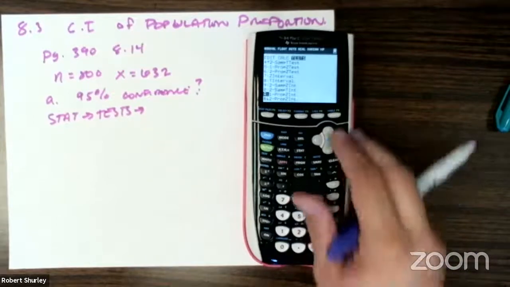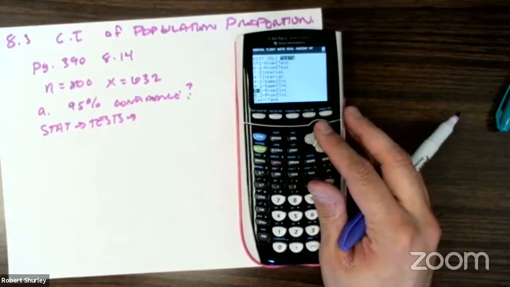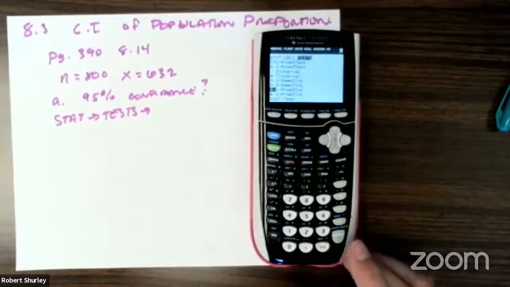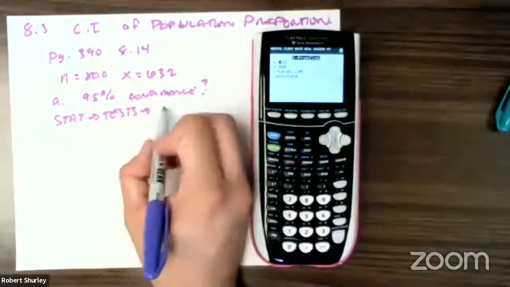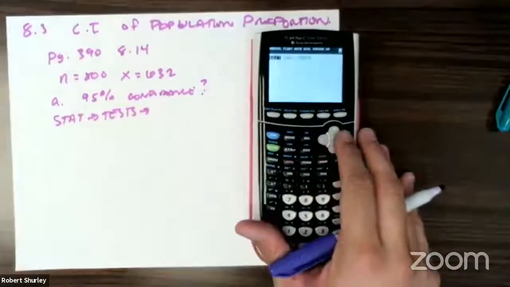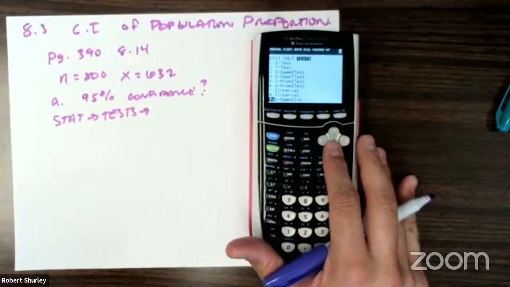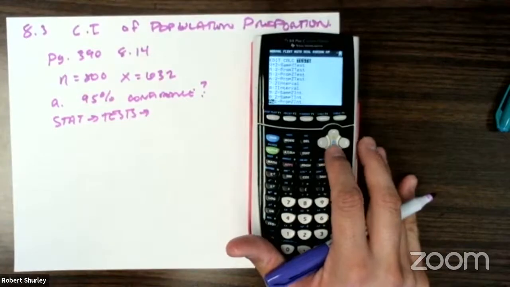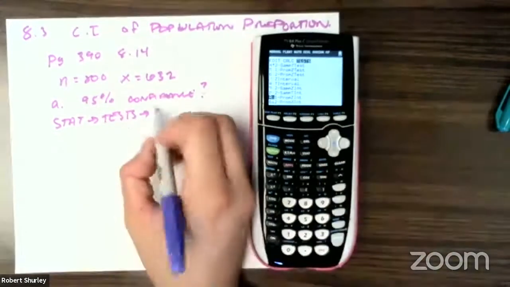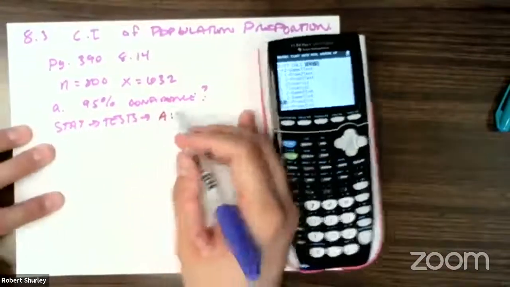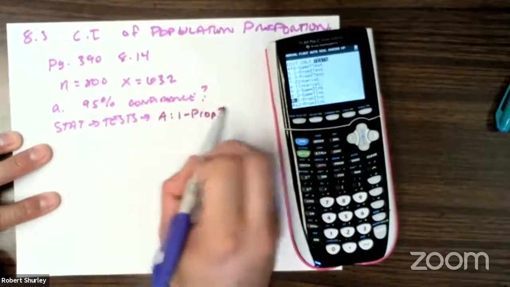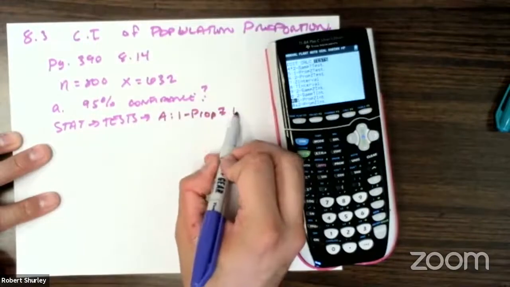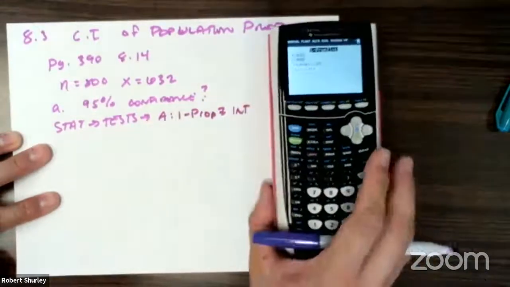I feel like it should be the T interval, but that's fine. It's option A actually. So we click on that.